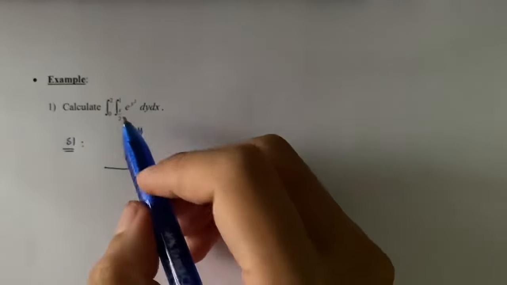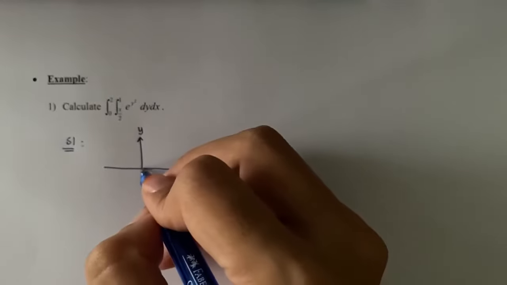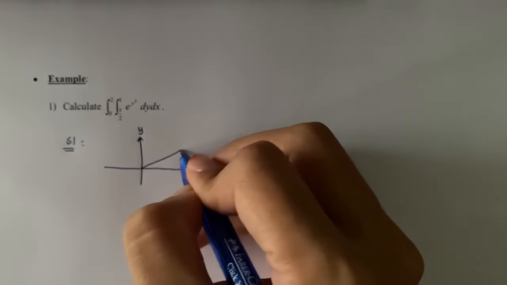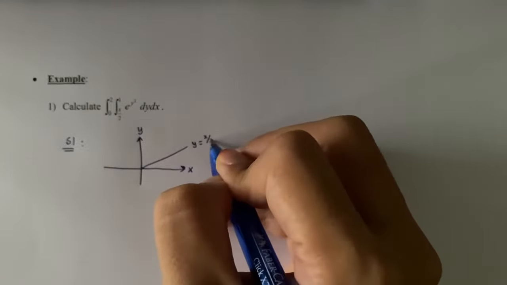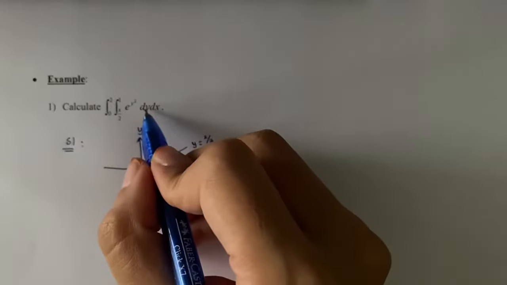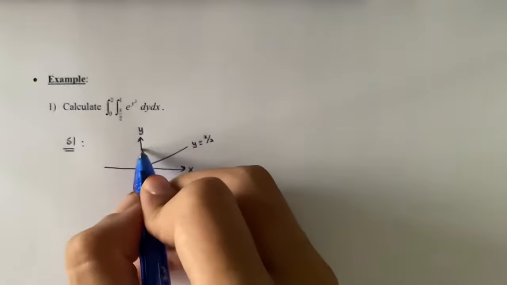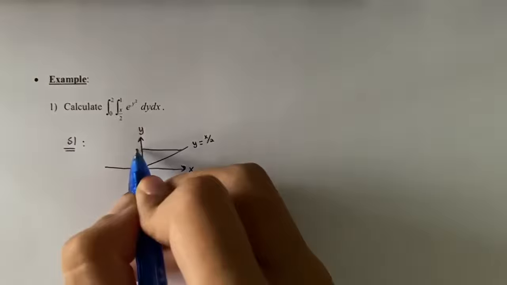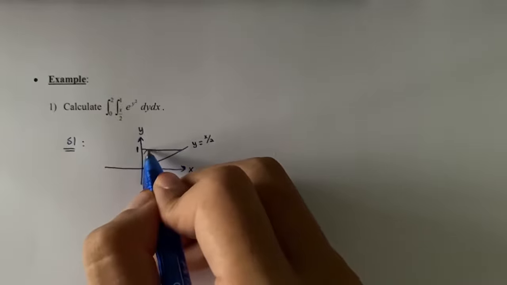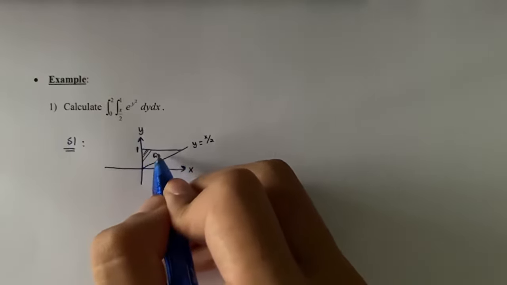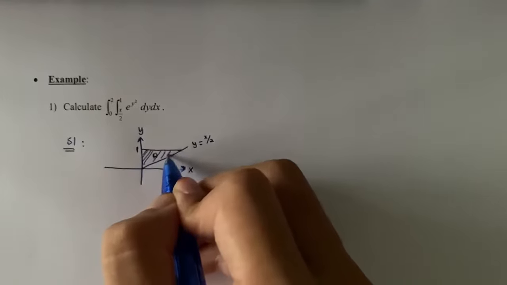It is a line, y equal to x over 2. So this is the line. And the upper limit for y is equal to 1. This is the upper limit, because this is y equal to 1. So this is the region R.